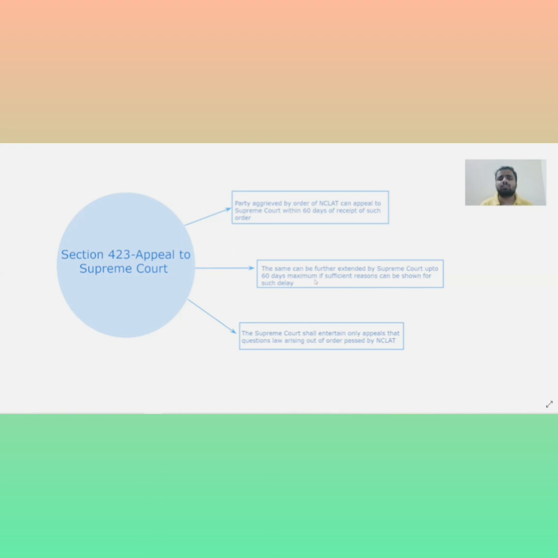Why are you coming with a factual problem to me? Come to me for something like questions of law arising out of the order. That means if there are some questions of law arising out of the decision made by the order, then only you come to me, not for such factual cases. I hope this is clear. Moving on.